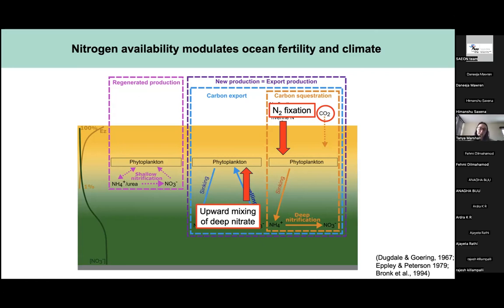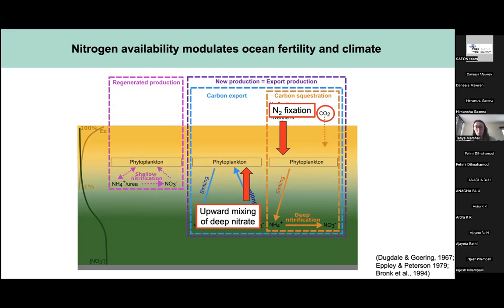And then mixing of deep nitrate, in this blue box, does contribute to fueling new production. So it does supply nitrogen that is new to the euphotic zone. However, when we upwell deep nitrate, we also upwell a stoichiometric quantity of DIC. What that means is that we upwell CO2 that can efflux at the surface, such that when the phytoplankton consume this new nitrate, they also draw down DIC, so there is no net reduction of atmospheric CO2.